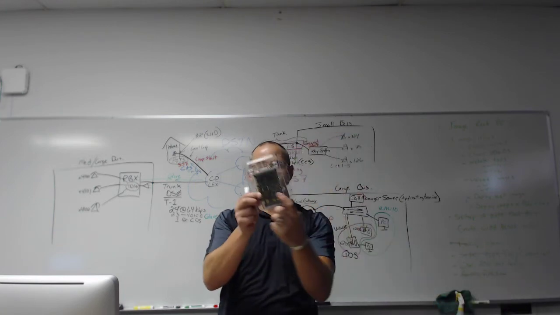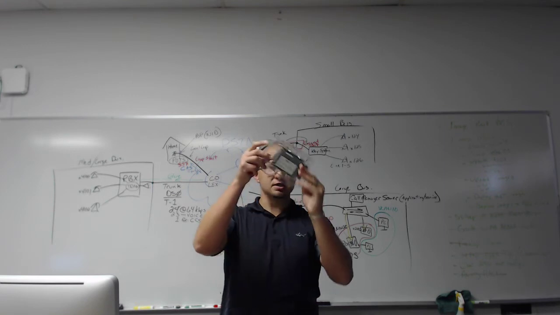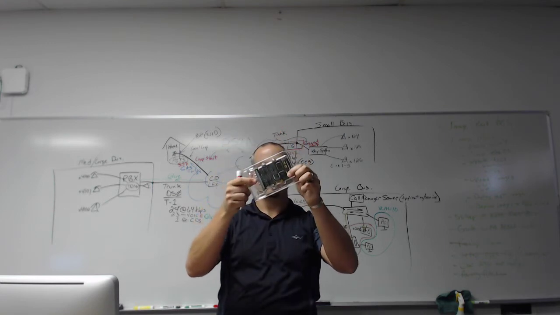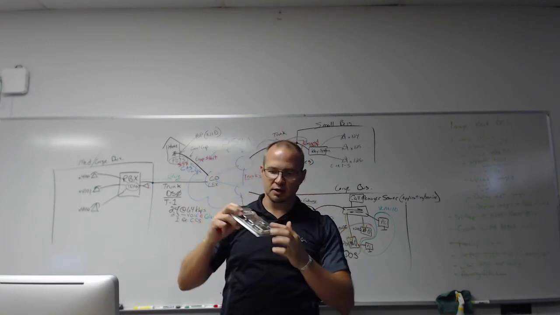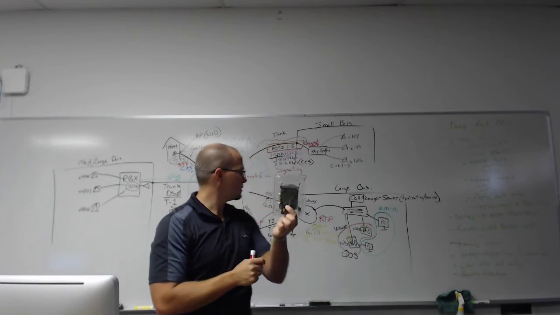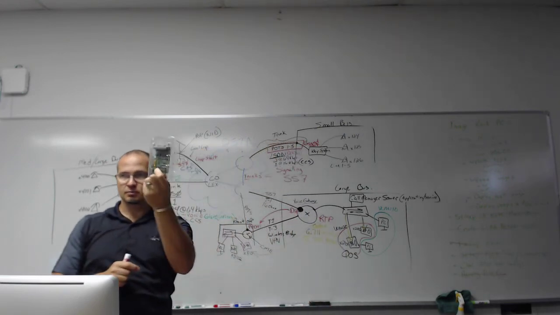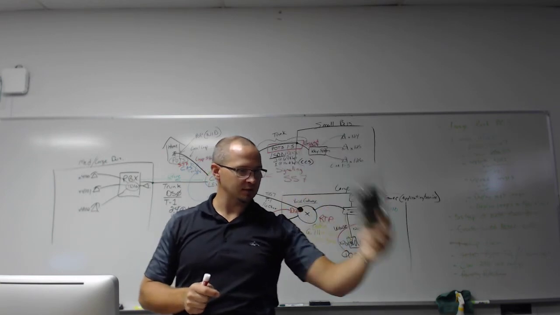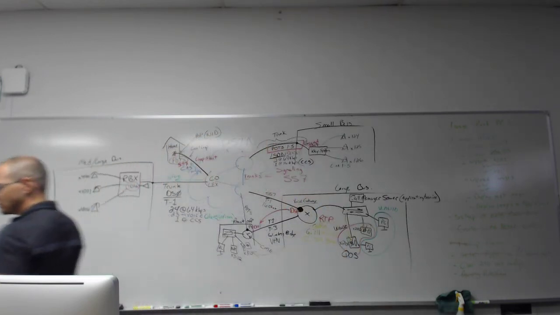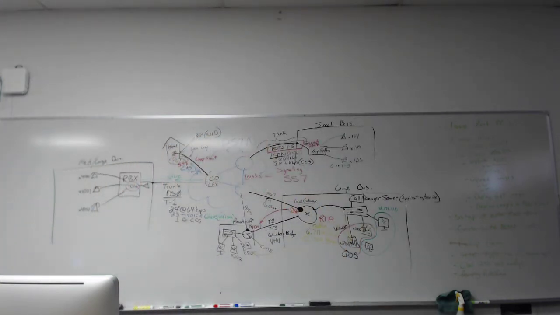There would be like a chip on a card like this. So this is the PVDM, and the chip on here is called the DSP, the digital processor. Moving on, trunk line. Talked about that one. The central office switch.